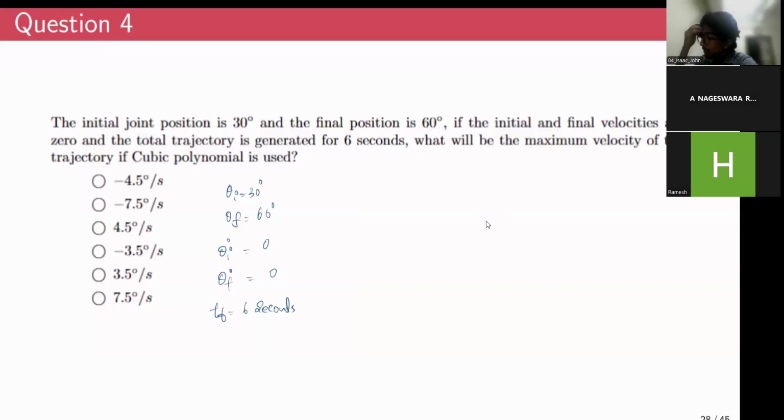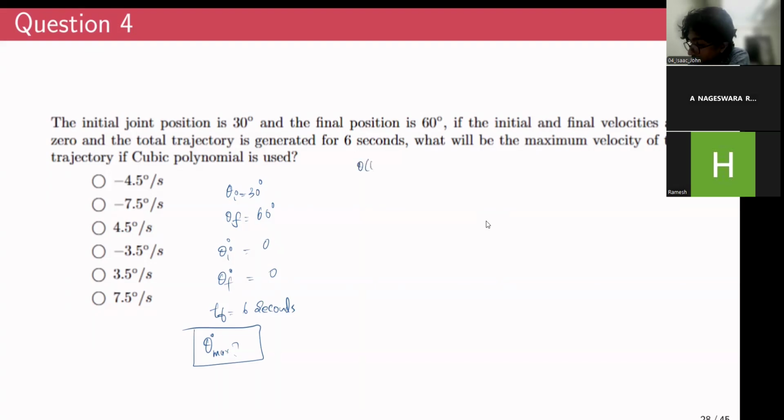So what will be the maximum velocity of the trajectory if a cubic polynomial is used? So theta dot max. This is what the question asks, for a cubic trajectory. So let's write the generic equation for a cubic trajectory.